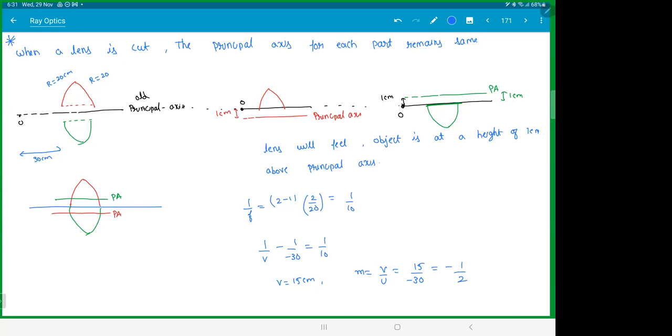Rehan, clear with this? Sure, no? Swastika, Vartika? Sure? Swastika, clear, no? Adrit, Aditya? Adrit, are you there? This guy is not there. What are you doing, Adrit? Hello, are you there?